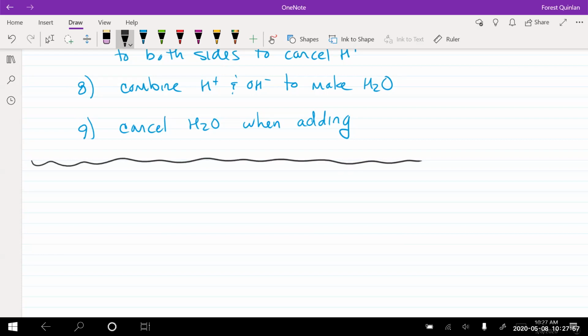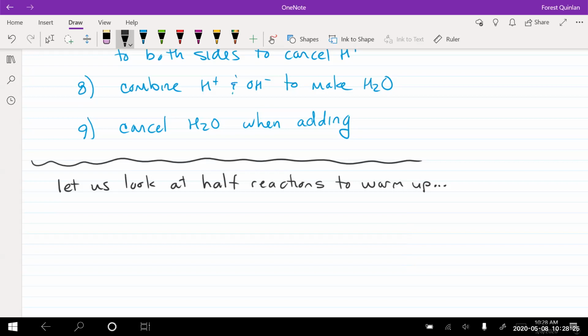All right, so let's do some of these. And I'm going to go ahead and start by just looking at half reactions to warm up. What I mean is, I'm going to pretend that I've already taken some overall reaction and already split it up into its half reactions.